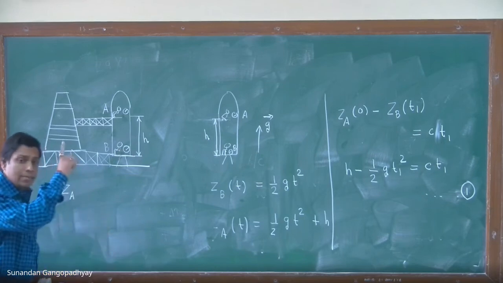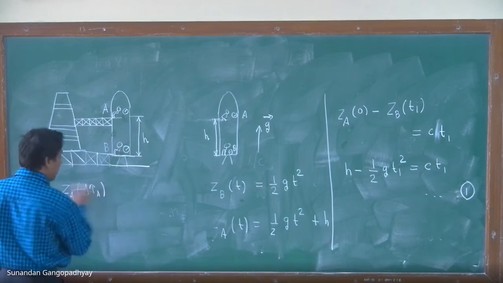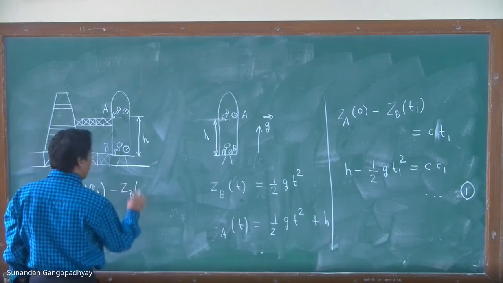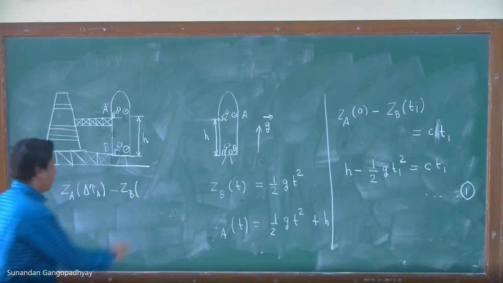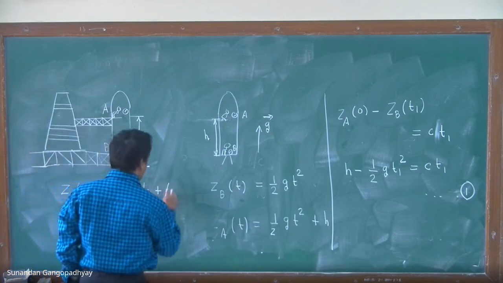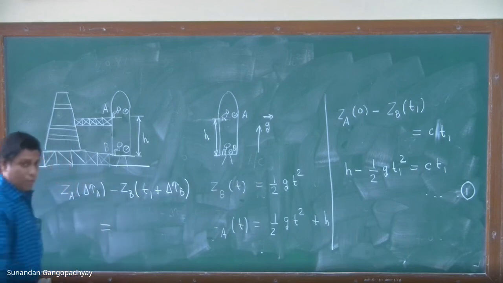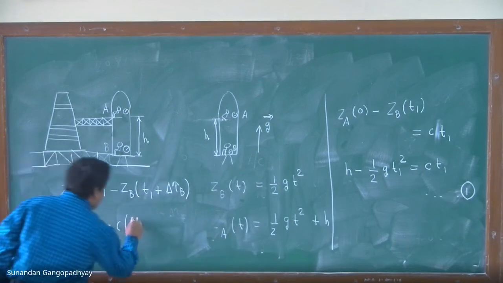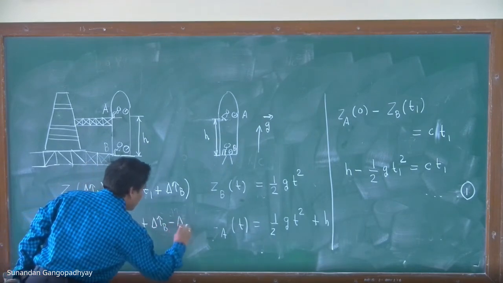So at that time his position was Za delta tau A and minus Zb. What is the time after which he receives? Bob receives at T1 plus delta tau B. And that is equal to C times T1 plus delta tau B minus delta tau A.